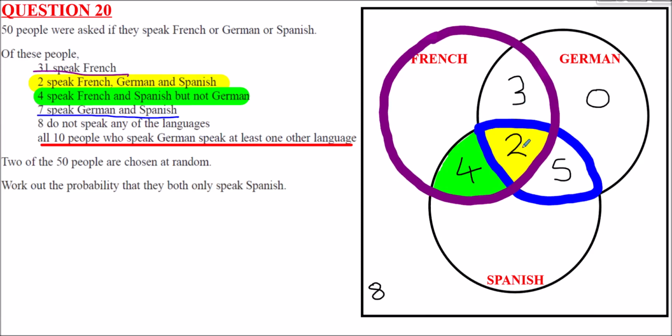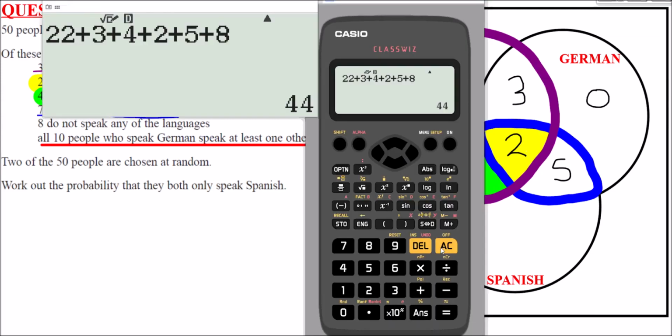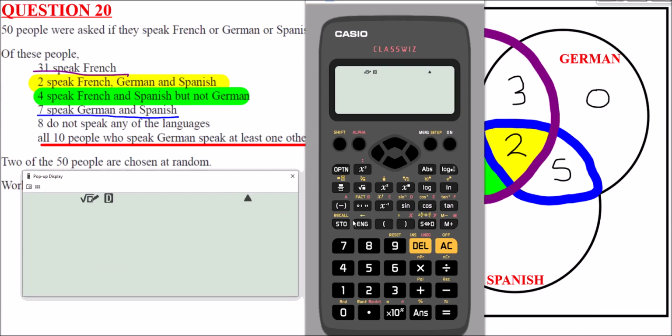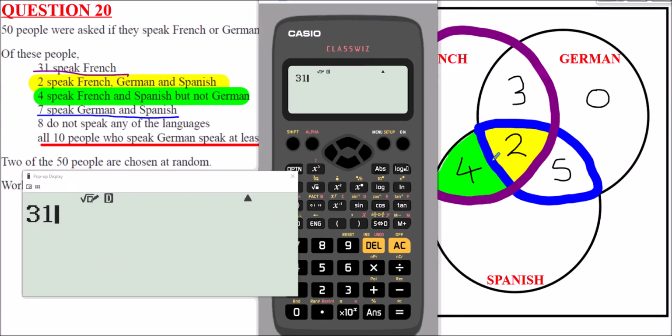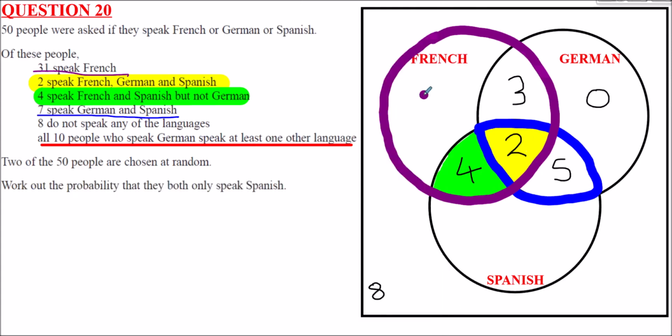So I've got 3, 2 and 4 here so far, so I need to do 31 minus 3, minus 2, minus 4, which must be 22 people that study French on its own.